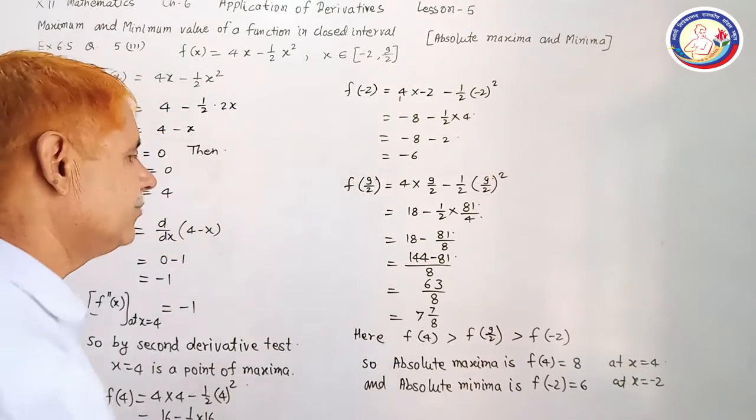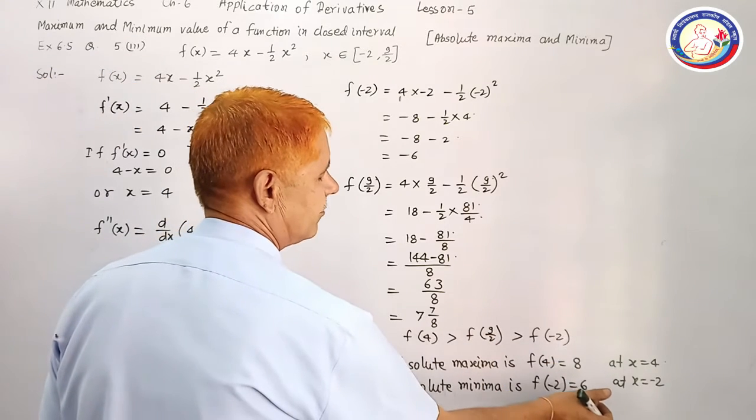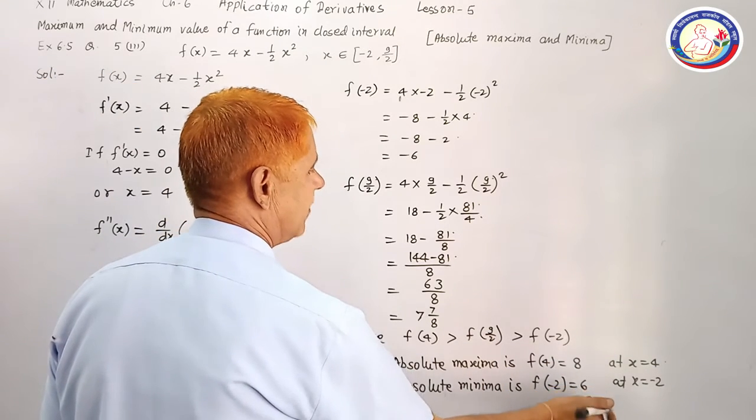So this is the answer. Absolute maximum is 8 and absolute minimum is minus 6.